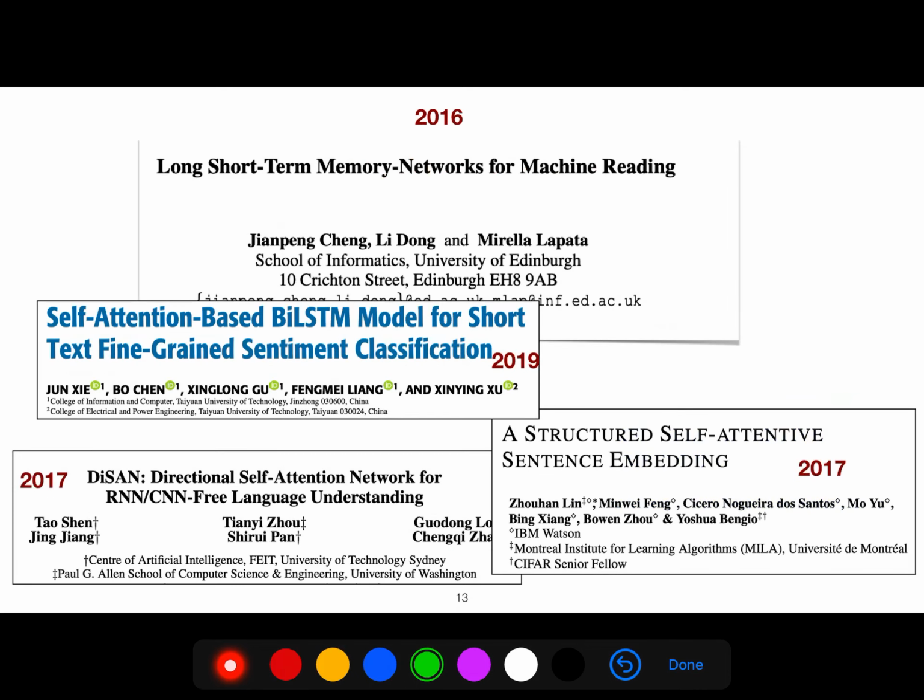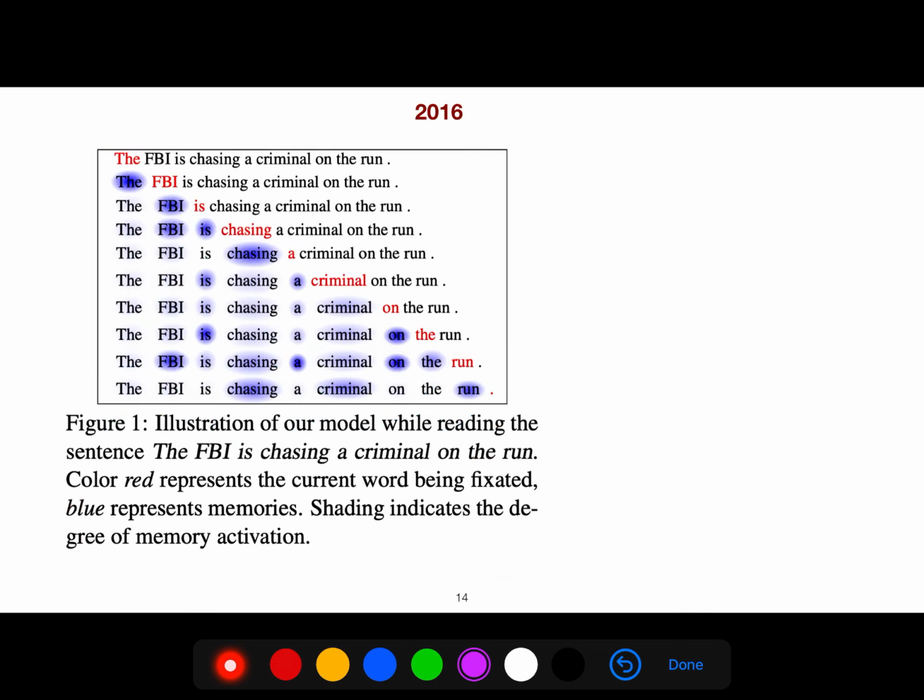And another important article is this one in 2016, Long Short-Term Memory-Networks, that they use for machine reading. I've explained several papers from Mirella Lapata, and these are positive samples that are related to this idea.